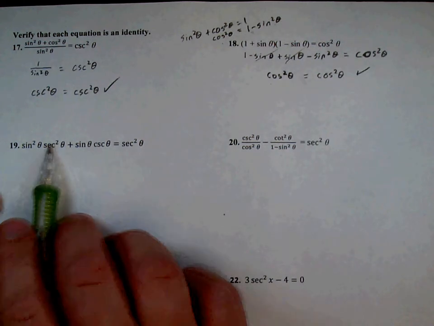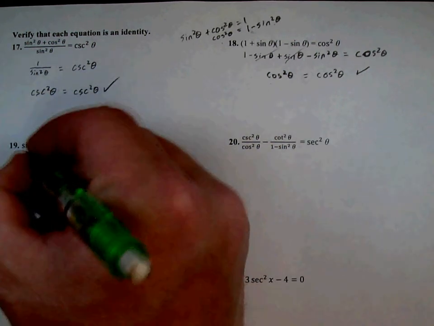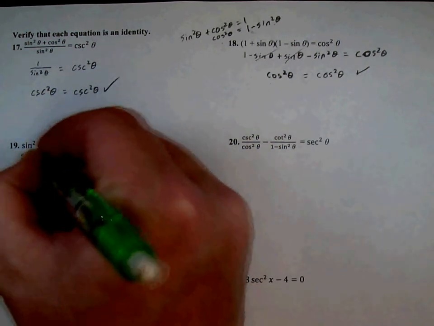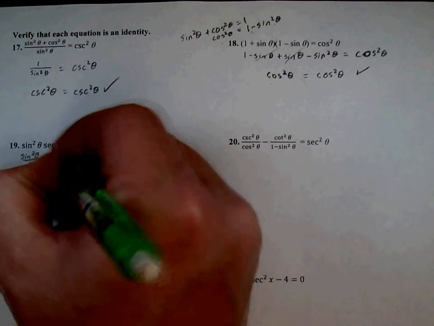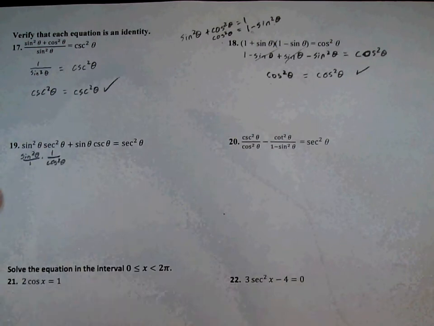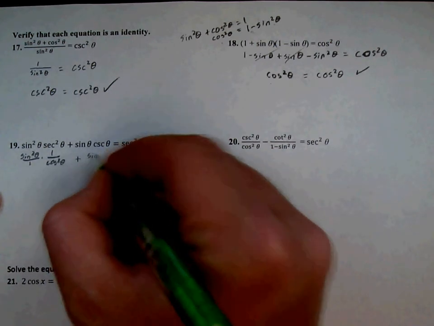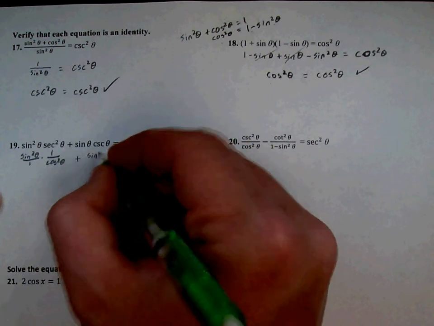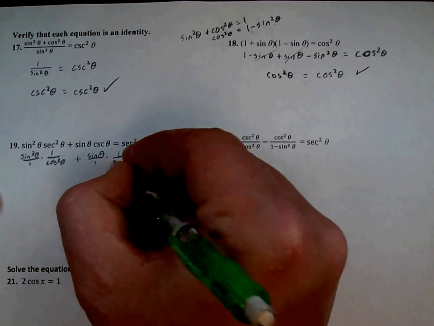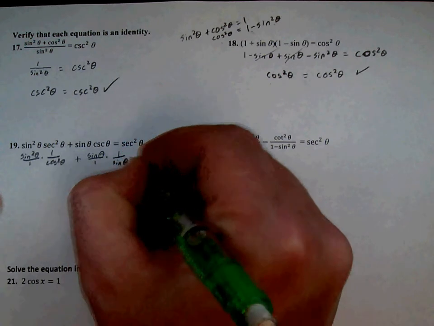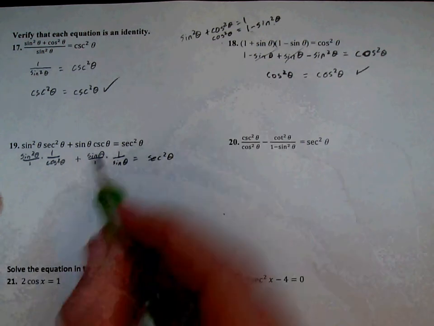Number 19. I'm going to write secant squared as 1 over cosine squared. And then we'll do the same thing with cosecant, except we get sine of theta times 1 over sine of theta. Those were reciprocals, so they equal 1 when you multiply them together.